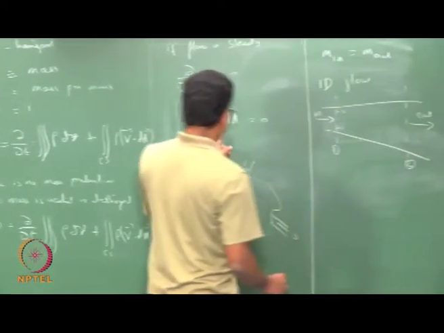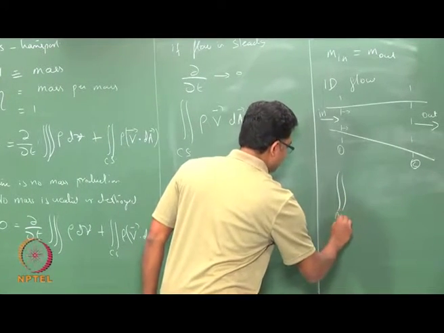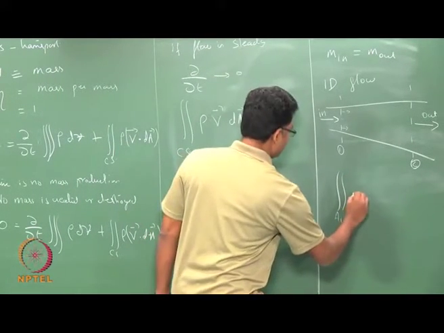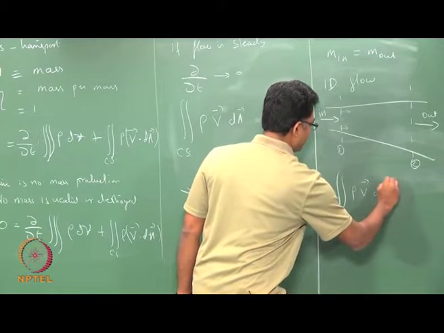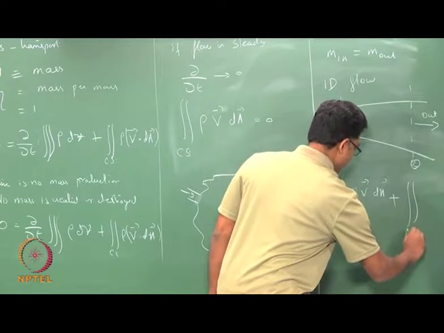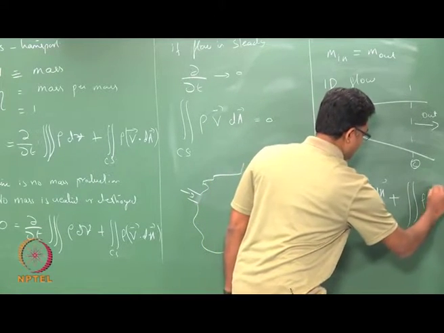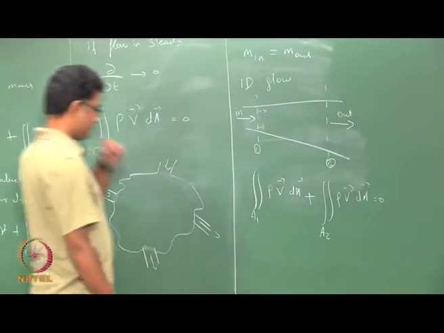So, what I can write here is integral over A1 of rho V1 dA1 plus integral over A2 of rho V2 dA2 equals 0.